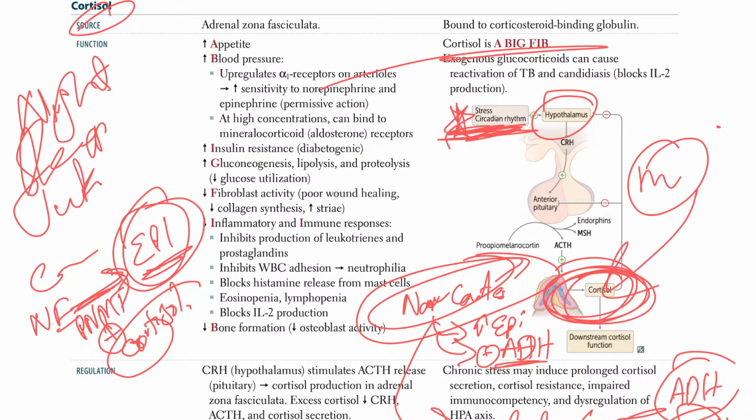And the lowest level they're going to have is at midnight. And why am I talking about that? Because it's going to come up later in pathology. Midnight, they're going to have the lowest cortisol.